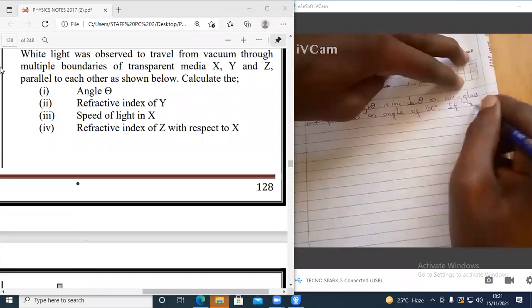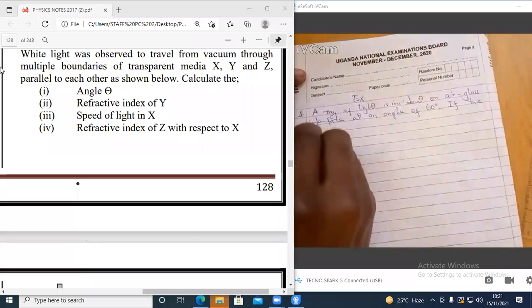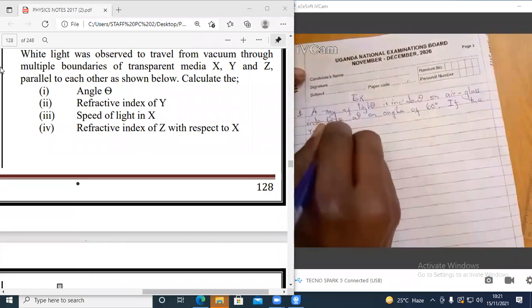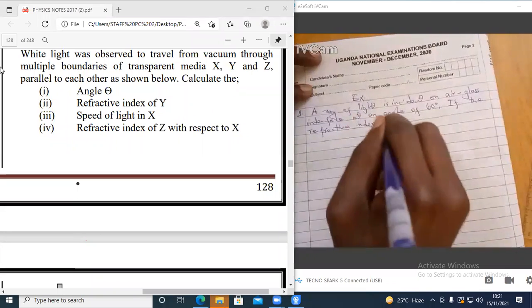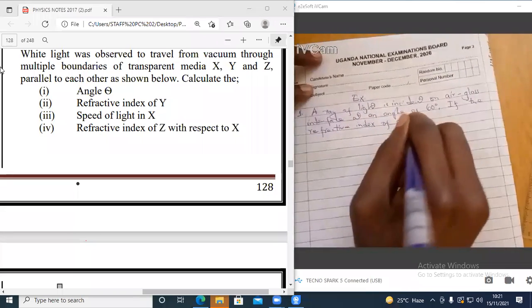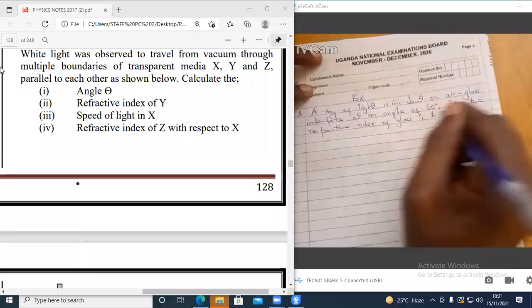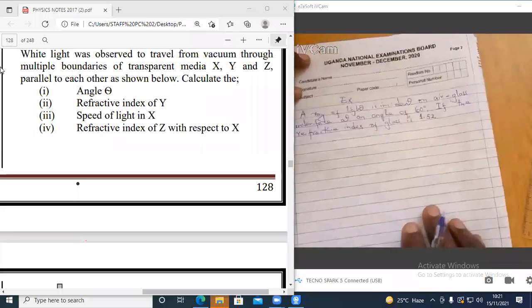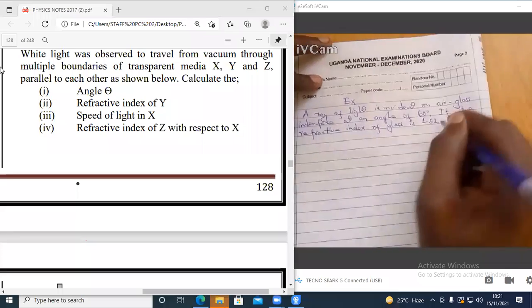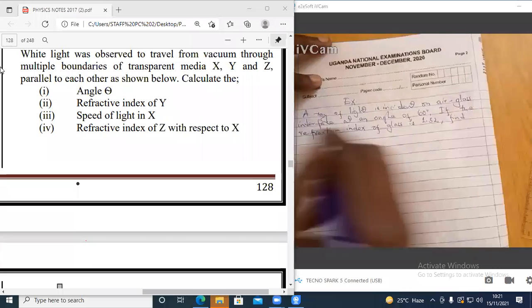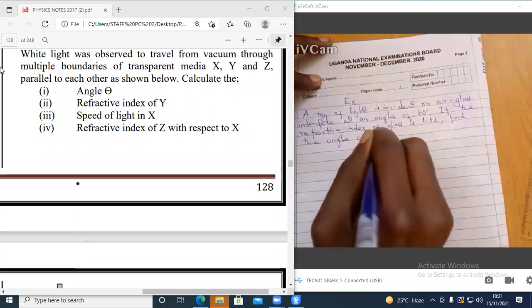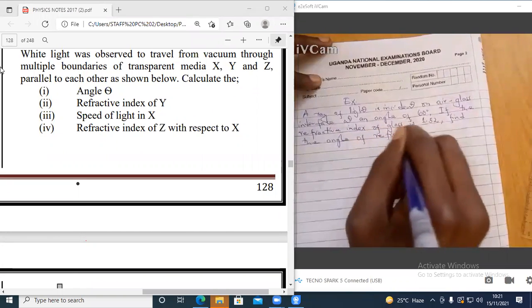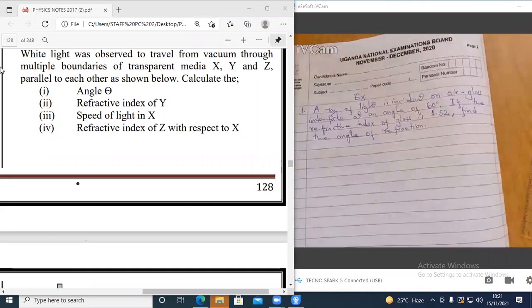If the refractive index of glass is 1.52, find the angle of refraction.